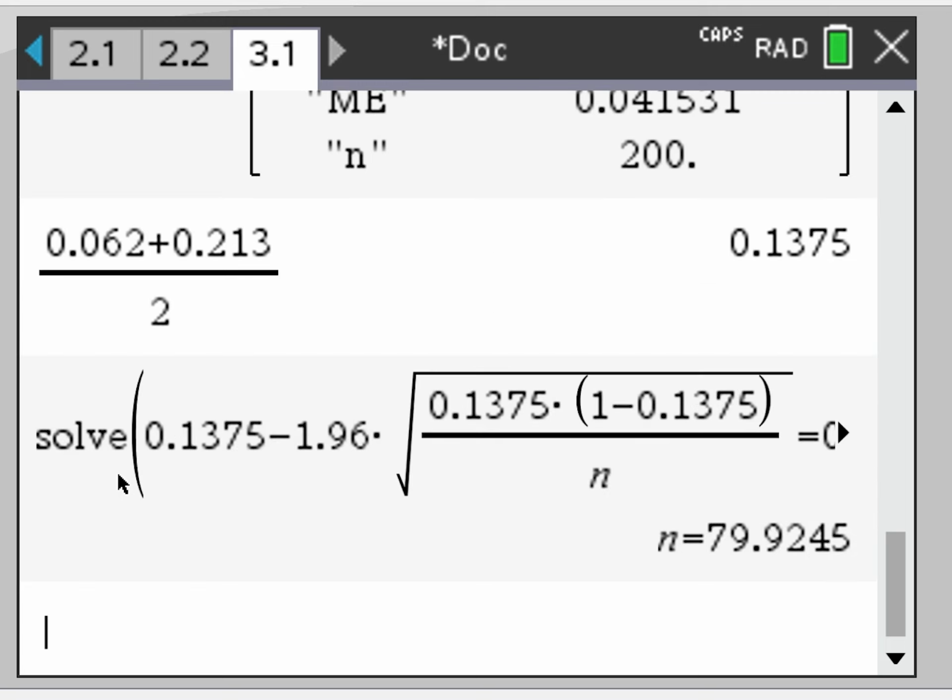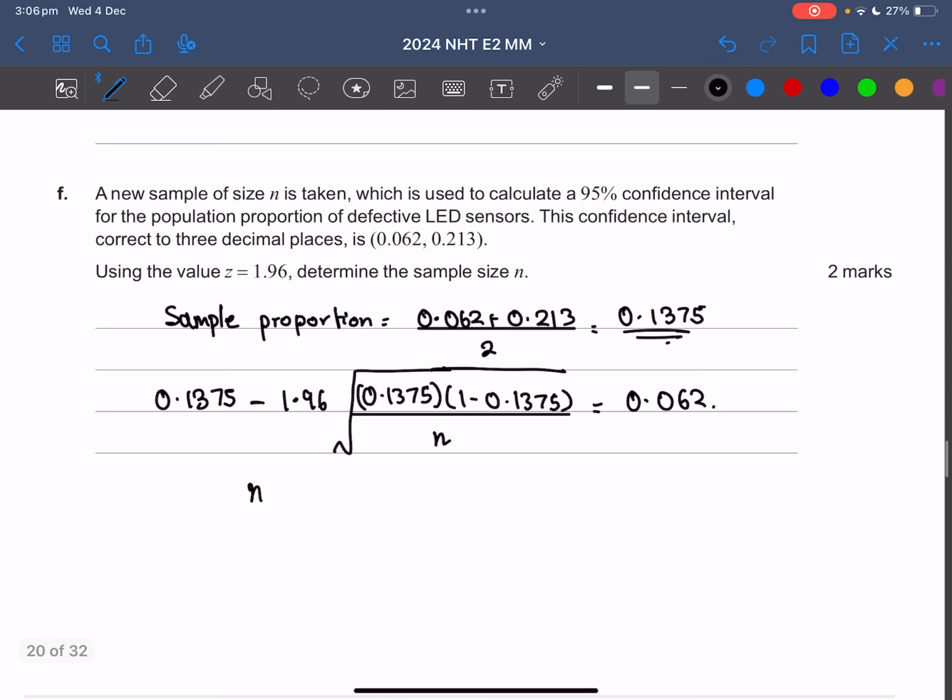Okay, and so 79.9. Our n is equal to 79.9, but we can take n equal to 80 because that will still fall under the confidence interval, so that is fine. Okay, hopefully this made sense to you.